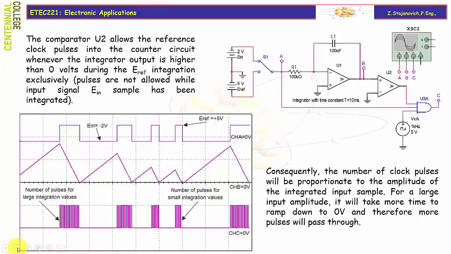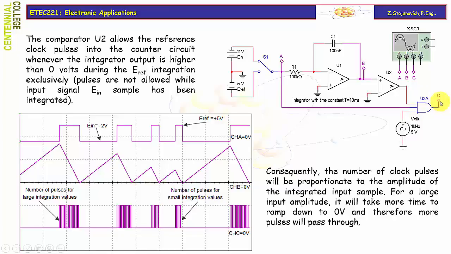Pulses are not allowed while the input signal EIN sample is being integrated. So if you look at the schematic addition of U2, we will monitor the difference between the actual integrator's output and 0. As long as the integrator's output is higher than 0, we will have high logic at the output of the comparator, which will open this gate, and the pulses will go through to point C.